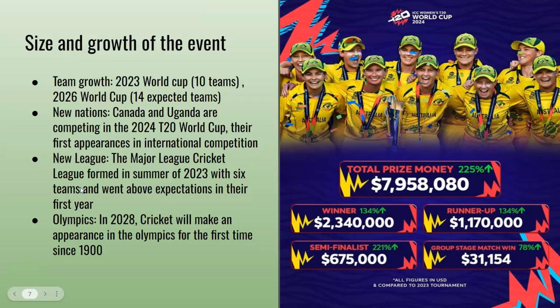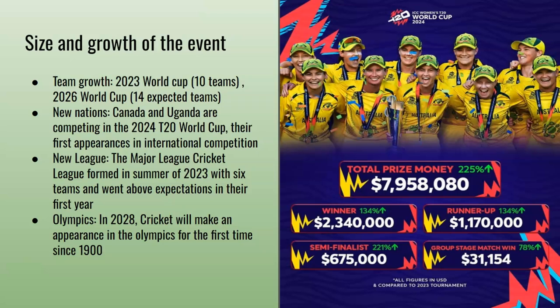So the size and growth of the event. As far as team growth, from the 2023 World Cup to 2026, it is expected to go from 10 teams to 14 teams. For new nations, Canada and Uganda are competing in the 2024 T20 World Cup, which is their first appearance in international competition.